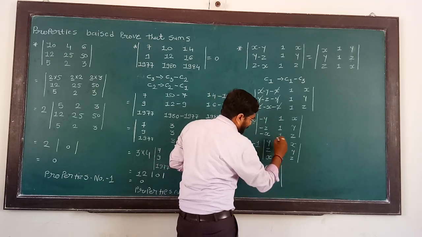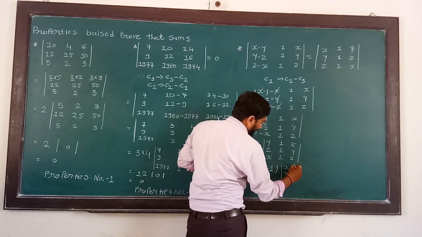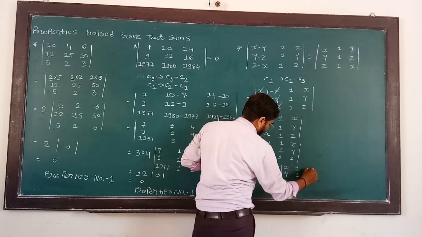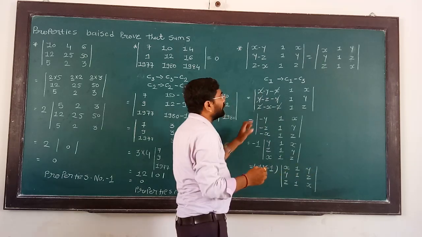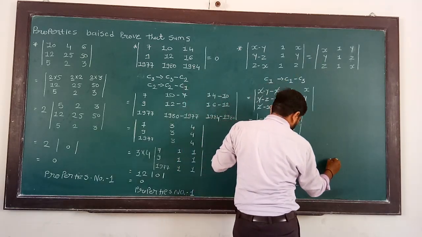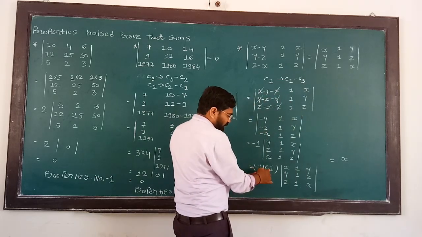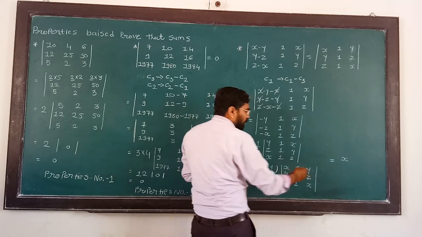So we write here x, y and z; 1, 1, 1; and y, z, x. Now here see the students, minus 1 and minus 1 makes plus, multiplied by 1, so we do not write a 1 here.